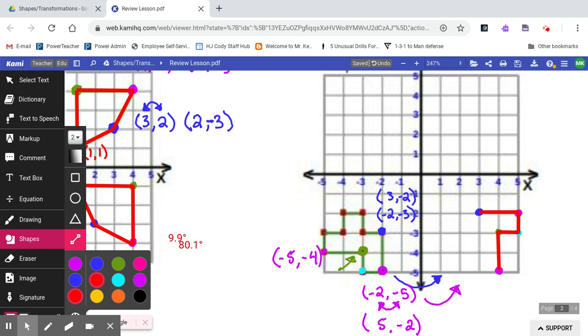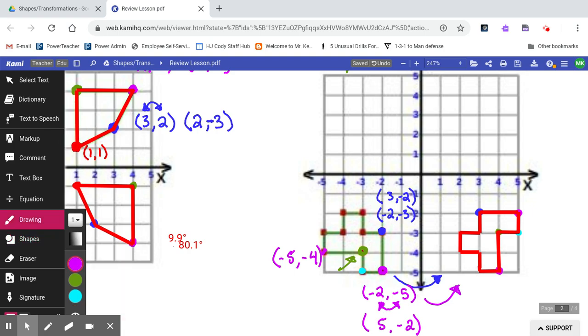You then should go 1 over to here. You should go 1 up to here. And then I believe it's 1 out, 1 out, 1 out, 1 up like that. And that's hopefully what your image looks like. And again, you notice it's the same shape. The lengths haven't changed. The angles haven't changed. It's just been spun around.